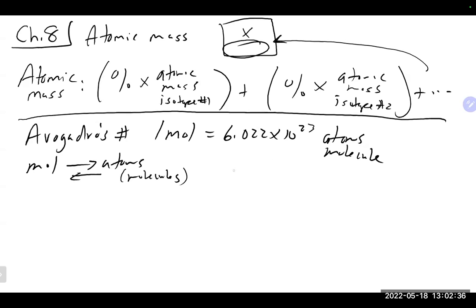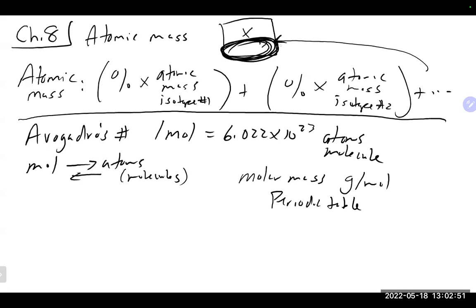So we also talked about molar mass in this chapter. Molar mass is grams per mole, and that is found from the periodic table. We basically can take this atomic mass and use it as our molar mass, because the atomic mass in AMU is numerically equal to the molar mass in grams per mole.